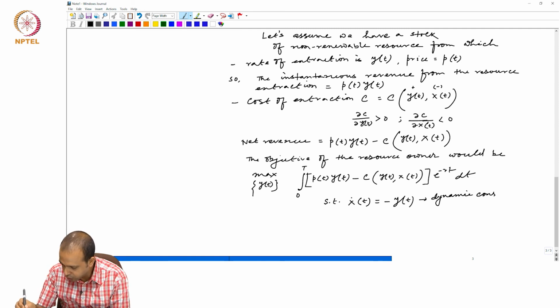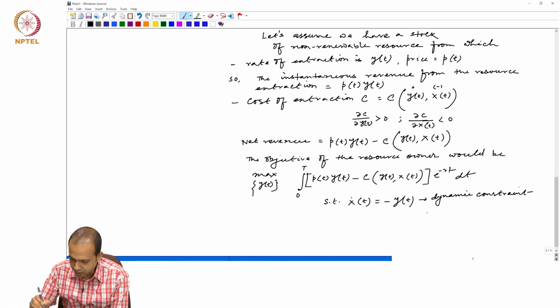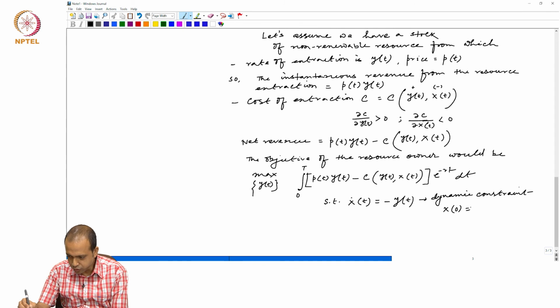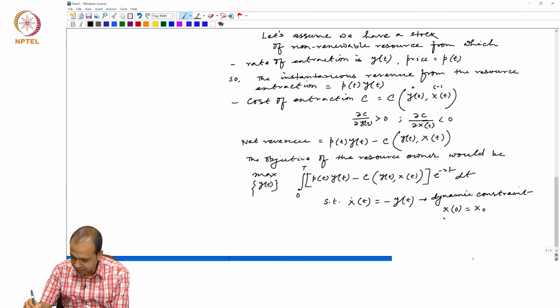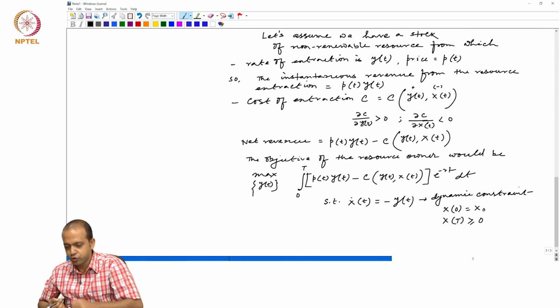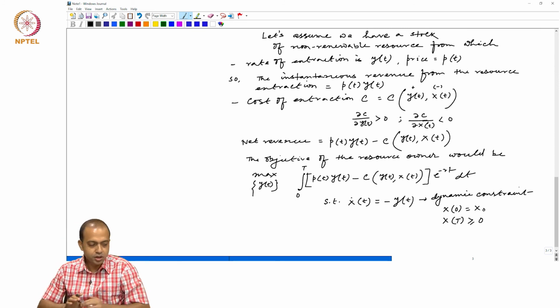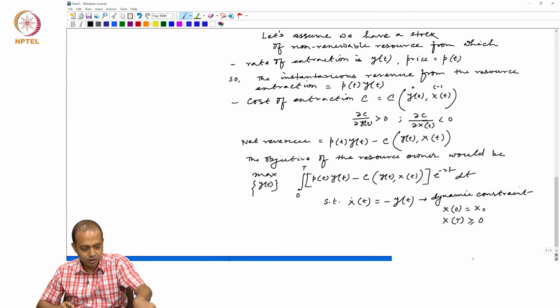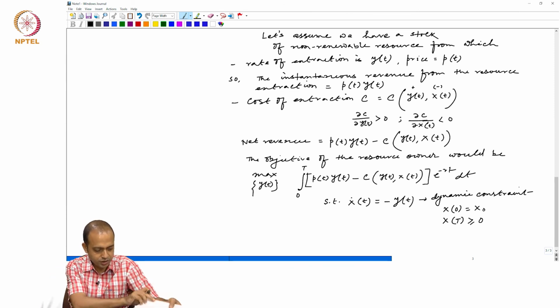And x0 equals to let us say some stock, and xT is greater than or equal to 0. So, that means we have some positive scrap value. So, this is the objective of the resource owner.